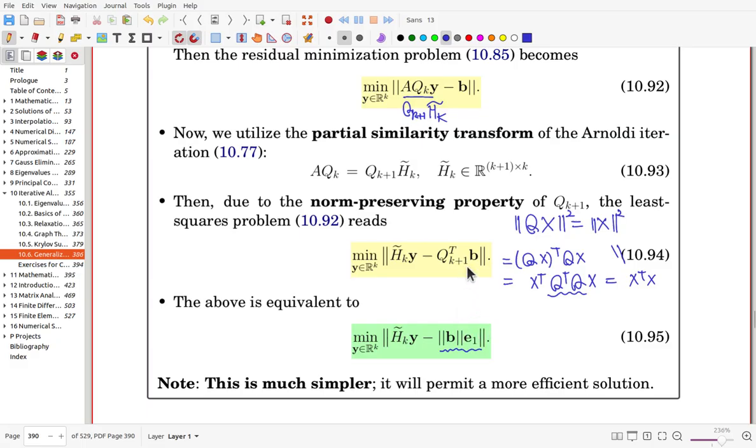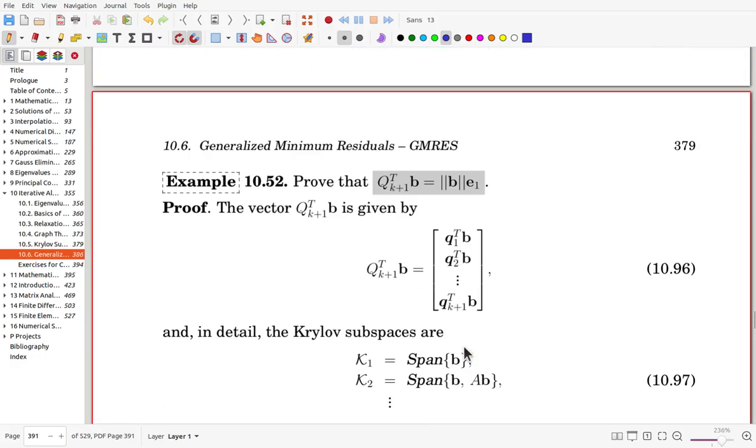Now, we'll see first why this one and this one are the same. Okay, let's see this example. Q_{k+1} transpose B is now norm B times E1. Q_{k+1} transpose B can be written in this way.